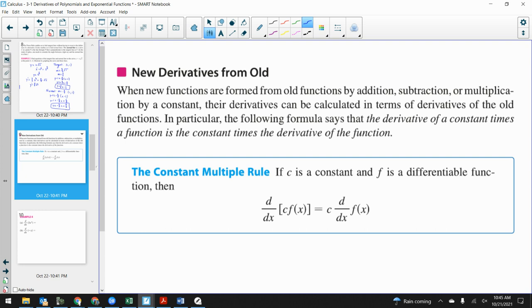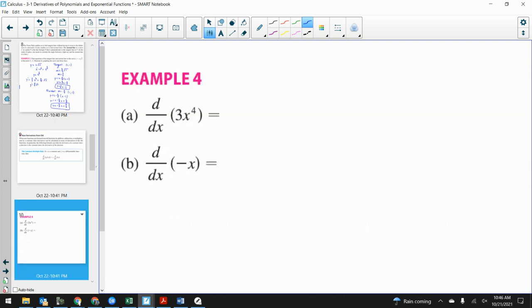So c times d over dx of f of x. Okay? So what I'm saying here is that if you have any number out in front of a function, the whole number, not x, you can bring it out front, find the derivative of the piece that you're looking at, the derivative with respect to x, then multiply that constant back to it. Like for example here, d over dx of 3x to the fourth. What's my constant? 3. Bring it out front.